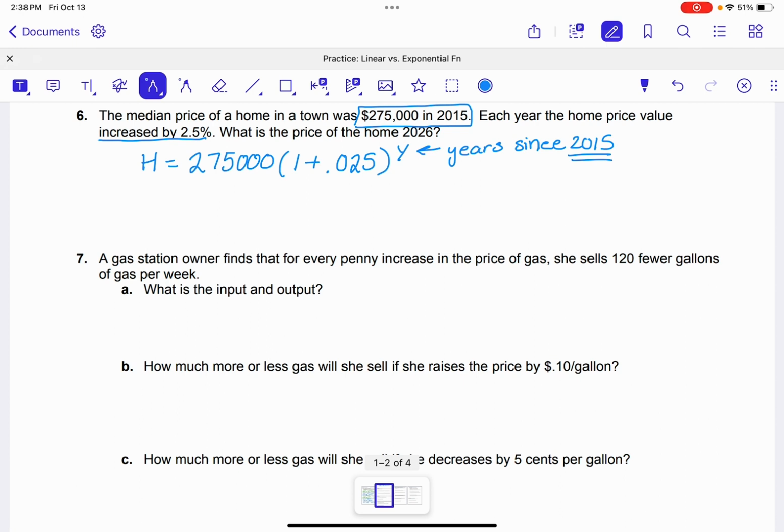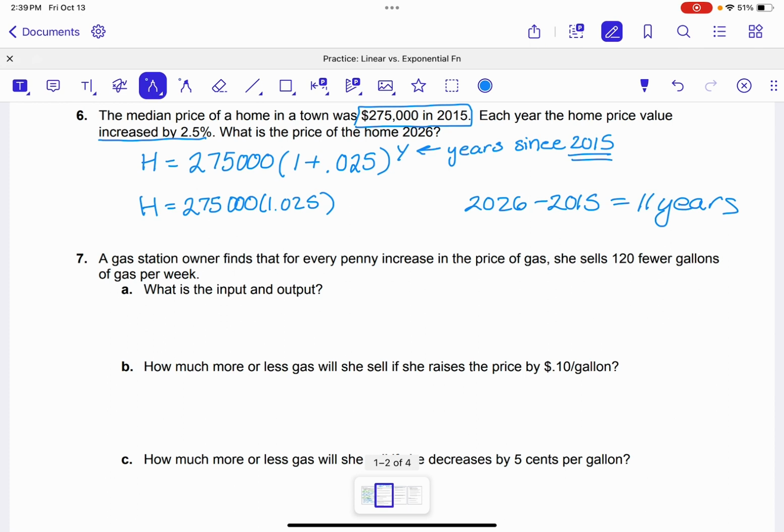It's really important to think about that value, because now in the next part, I'm looking at what is the price of the home in 2026. So I need to know how many years have passed between 2026 and 2015. And that is 11 years. And so I'm going to be plugging in 11 into this equation. So H equals 275,000 times 1.025.